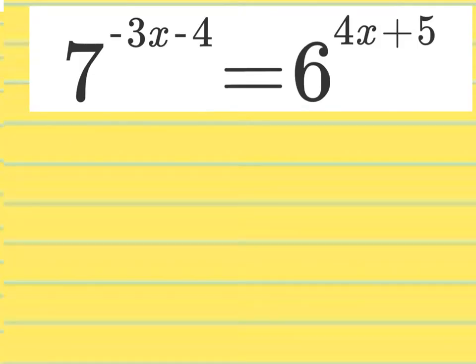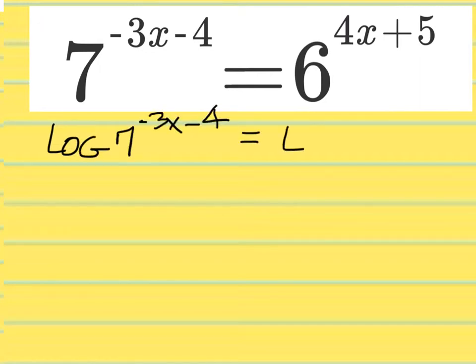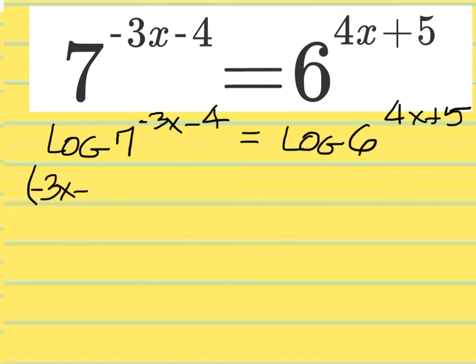Alright, for this, you should have log of 7 to the negative 3x minus 4 power equals log of 6 to the 4x plus 5 power. Move your exponents out to the left of the logs to get the quantity of negative 3x minus 4. Close the quantity.